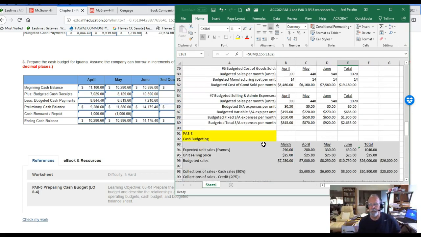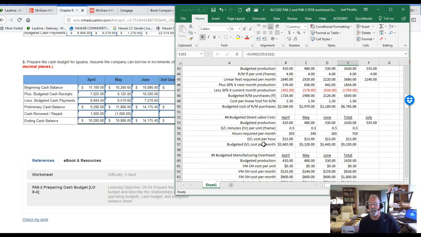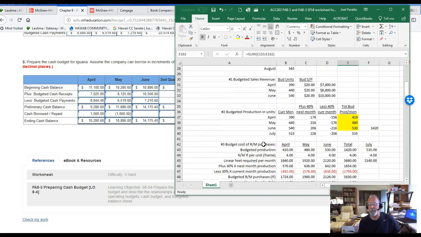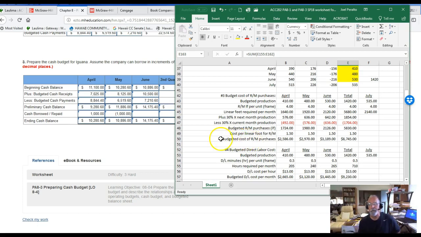These are the same calculations that we did in problem 8-1 in coming up with those numbers.